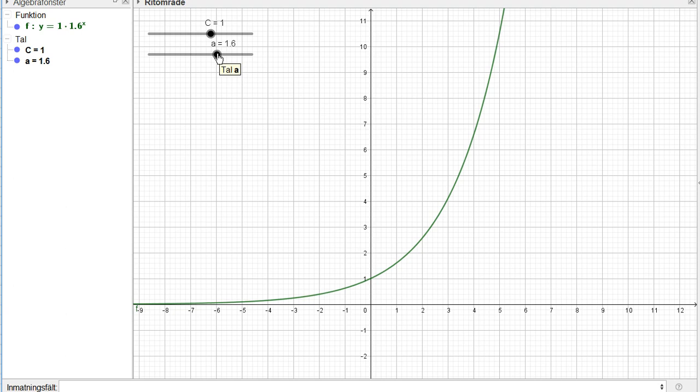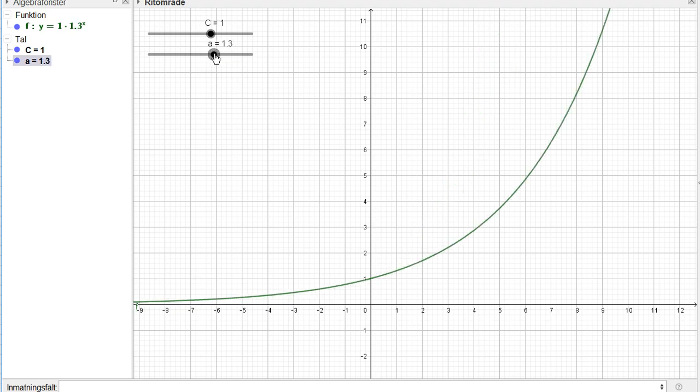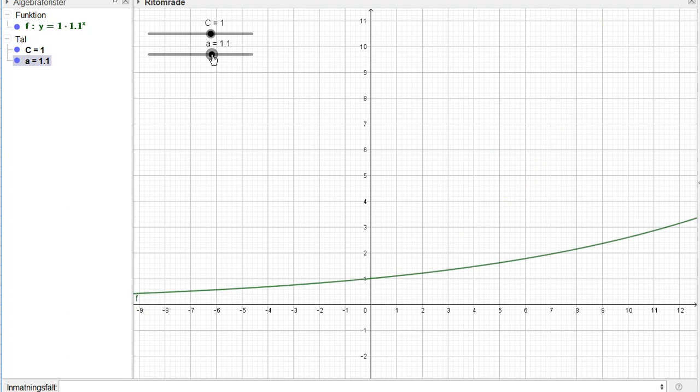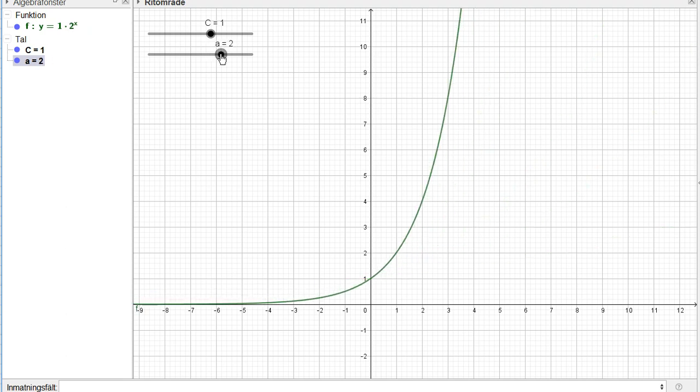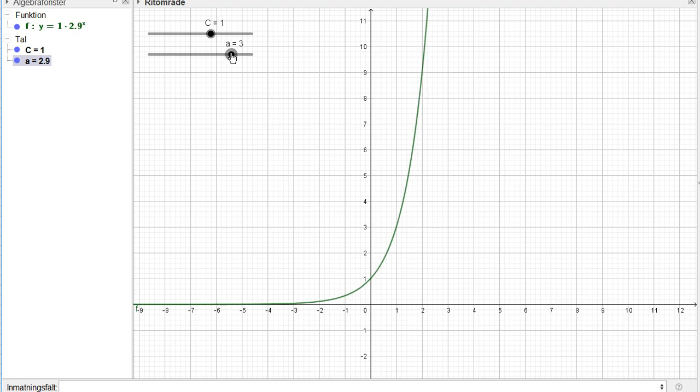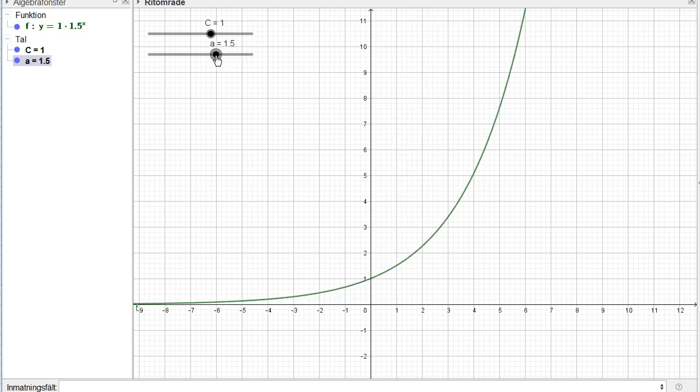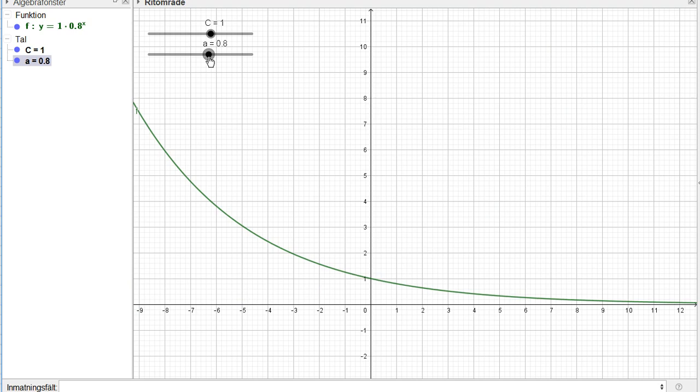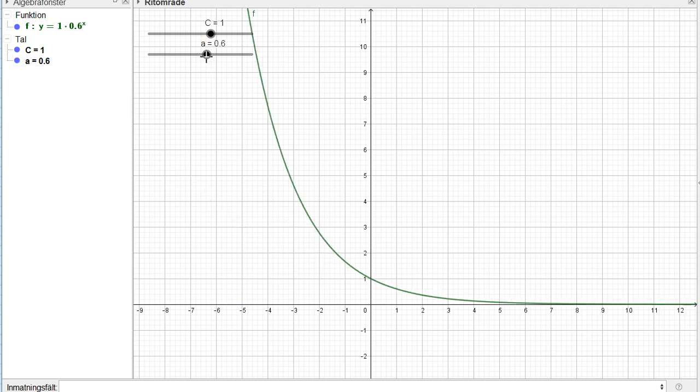If it's near 1, then it doesn't increase that much, as you can see. But if it's 2, for example, it increases more. If it's less than 1, then it is decreasing or decay.